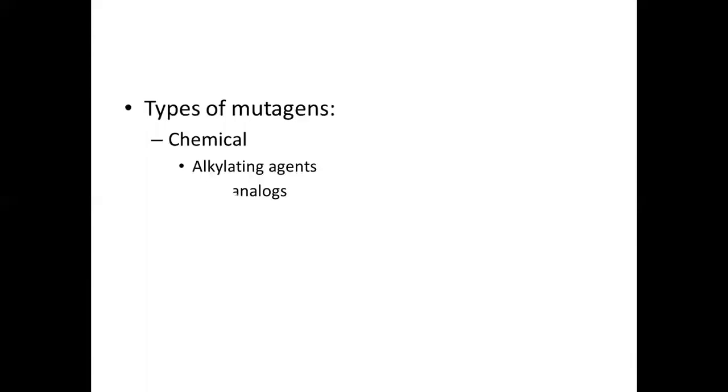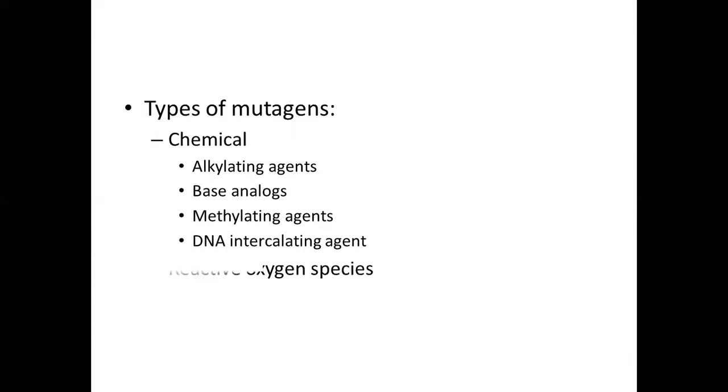Under chemical mutagens, there could be alkylating agents, base analogs, methylating agents, and DNA intercalating agents, and then also reactive oxygen species.